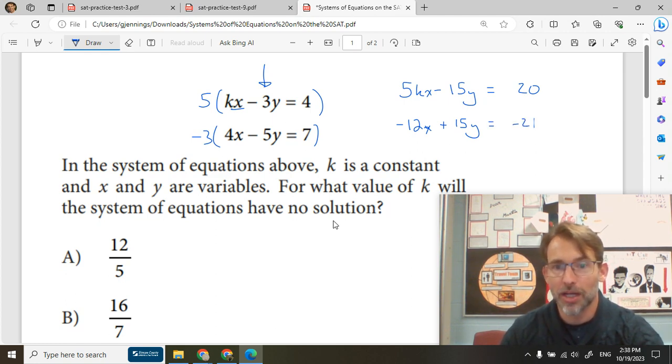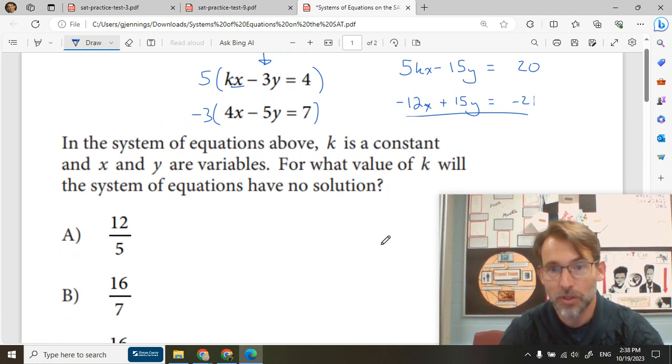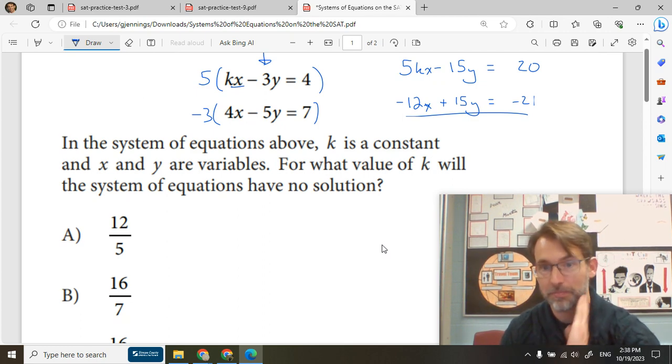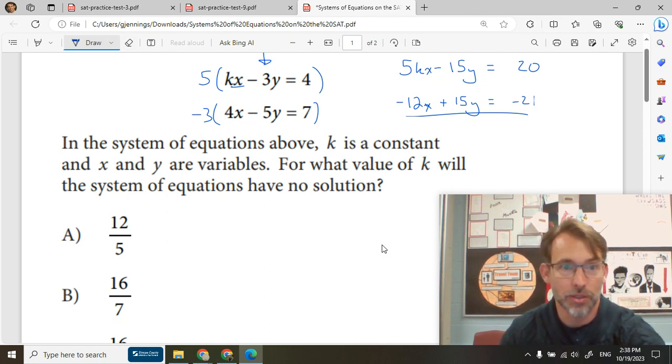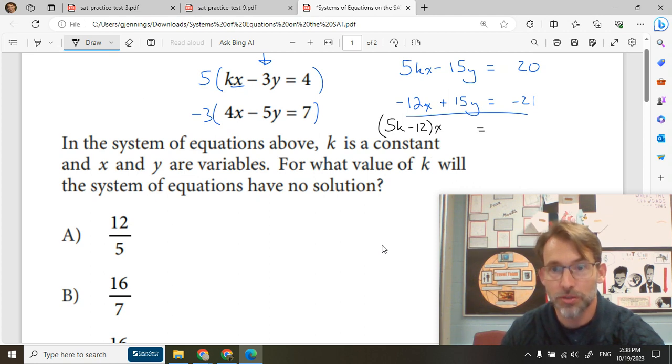Okay, if we went ahead and added those equations together, we would get the following. So we would have 5k minus 12x. I'll do this in another color because we're going to be taking this equation to the other side. We will have 5k minus 12 x's plus 0 equals, and then adding those together, negative 1.